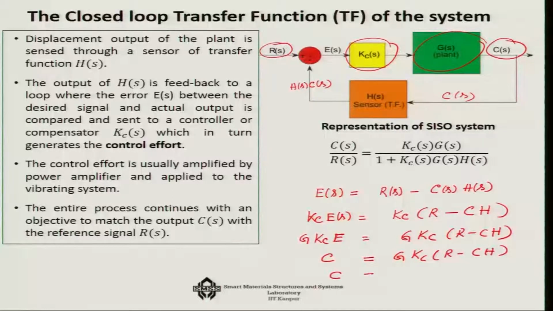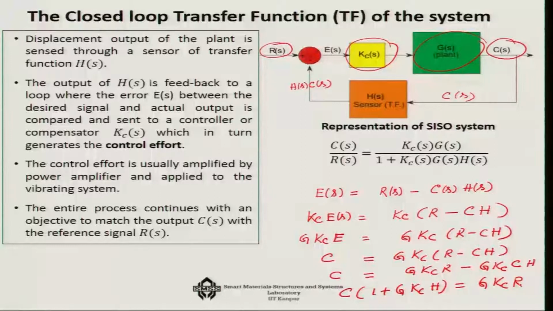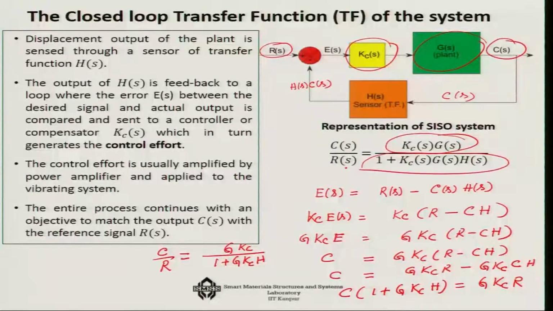That means C equals G Kc R minus G Kc C H, so C into (1 plus G Kc H) equals G Kc R. So my output C over input R is nothing but G Kc over 1 plus G Kc H. That is what we have written here, Kc(s)G(s) over 1 plus Kc(s)G(s)H(s). That is the closed loop transfer function of this particular system.